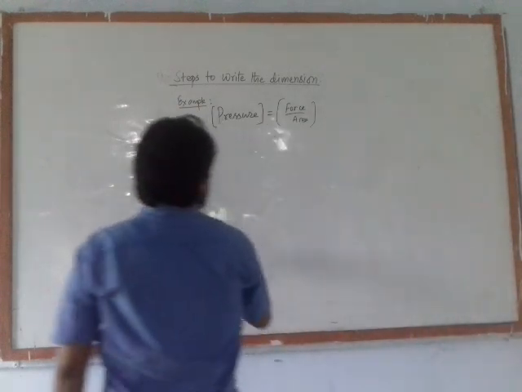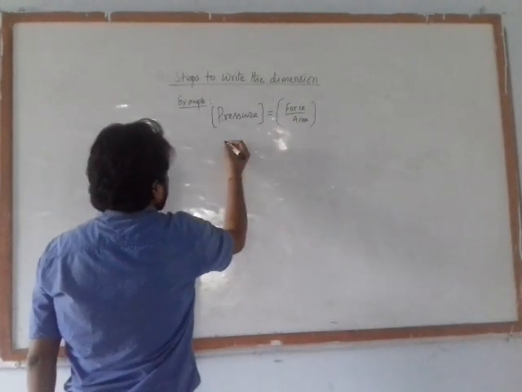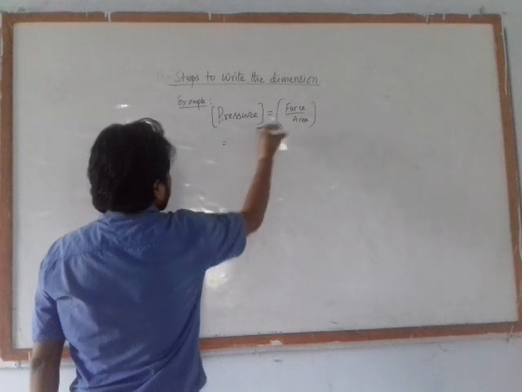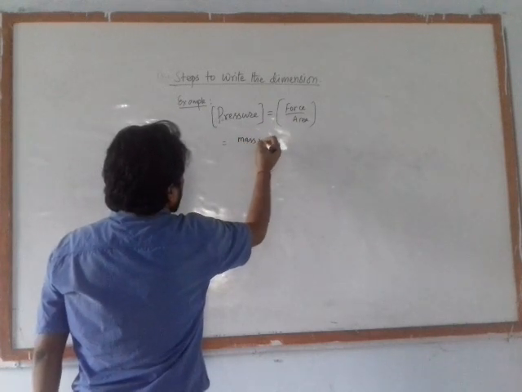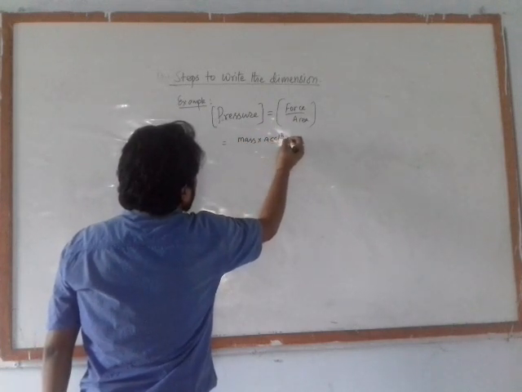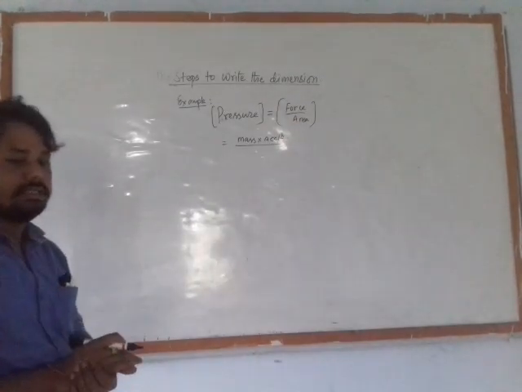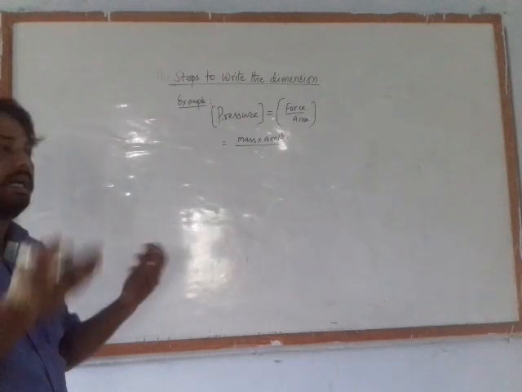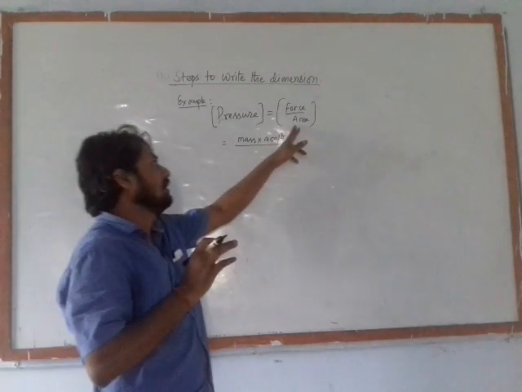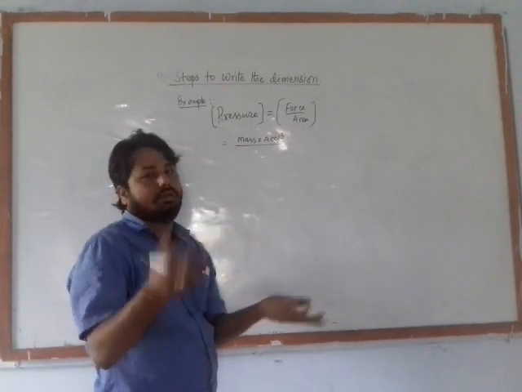Process first means force can be written in terms of fundamental physical quantities. Its formula is mass into acceleration. Then area means, suppose the area is length into breadth, or breadth into height, or height into thickness, whatever the formula is, definitely it comes length into length.